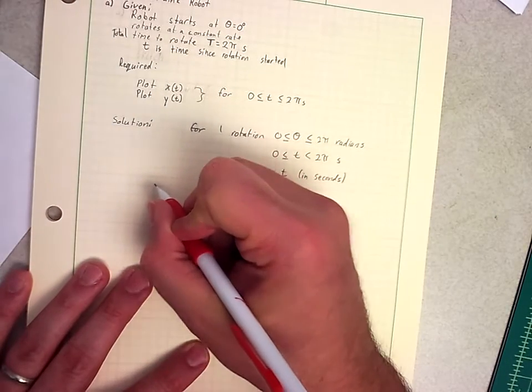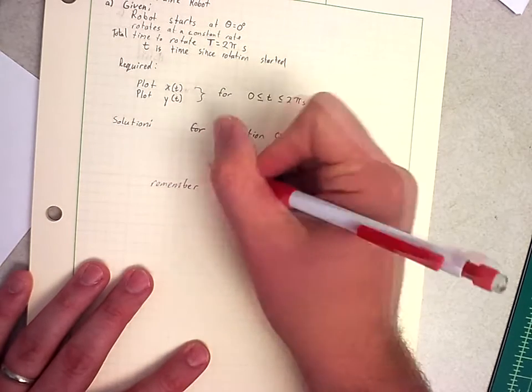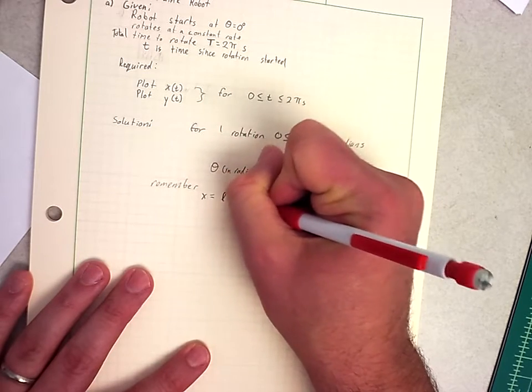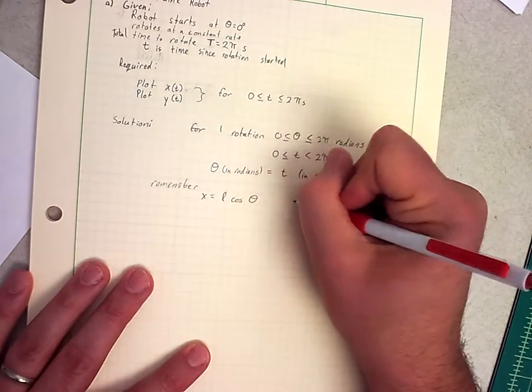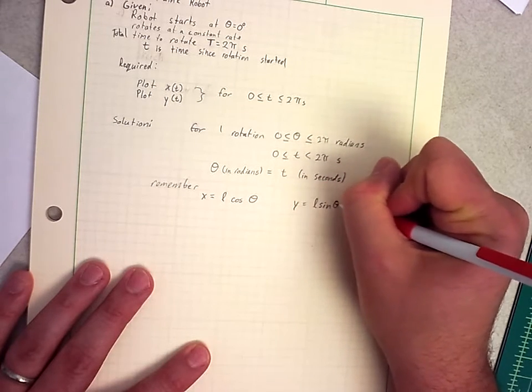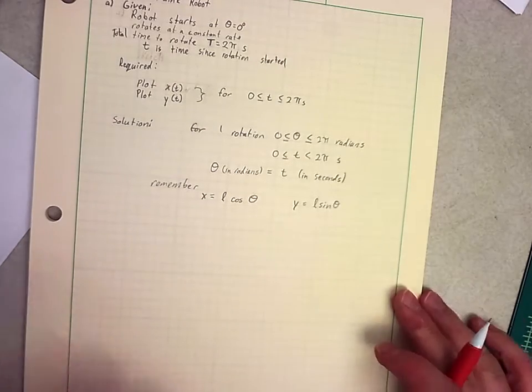So we remember x equals L cosine theta, and y equals L sine theta. And that was true all the way around the board, for one full rotation. So we use those equations.